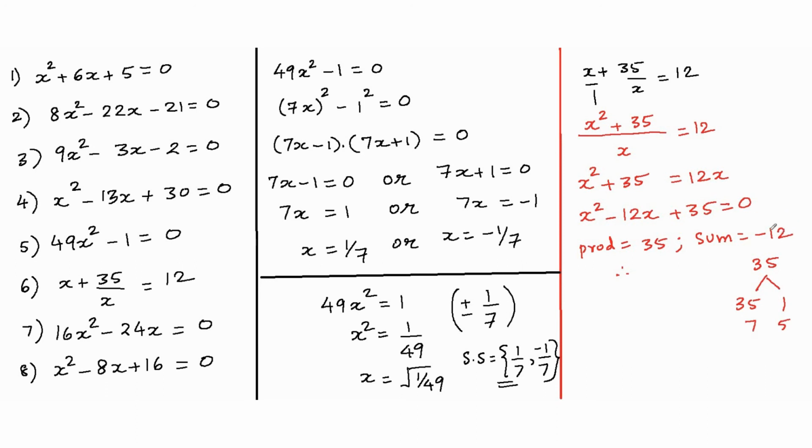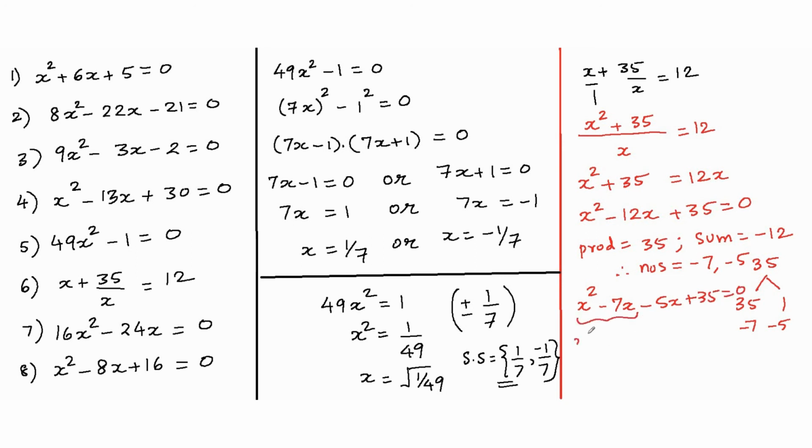Now 35 ones are will never give a sum of 12. So the only possibility is 7 and 5. So the sum is negative, and therefore I would have negative 7, negative 5. Therefore I can say that the numbers are negative 7 and negative 5. So x square negative 7x negative 5x plus 35 is equal to 0.